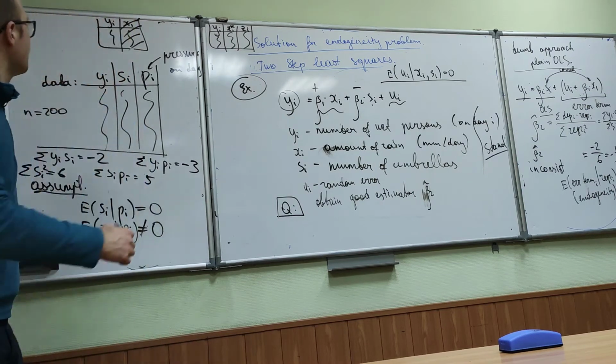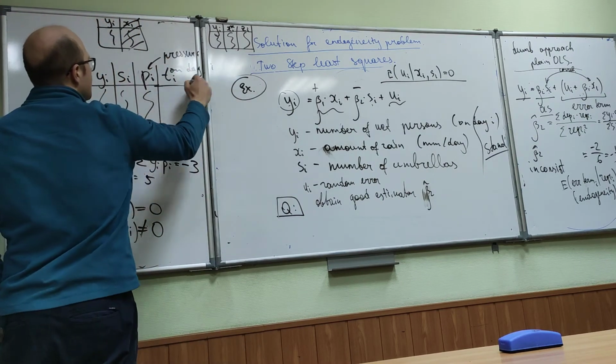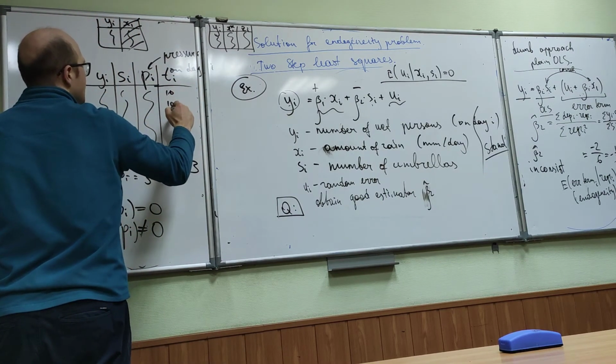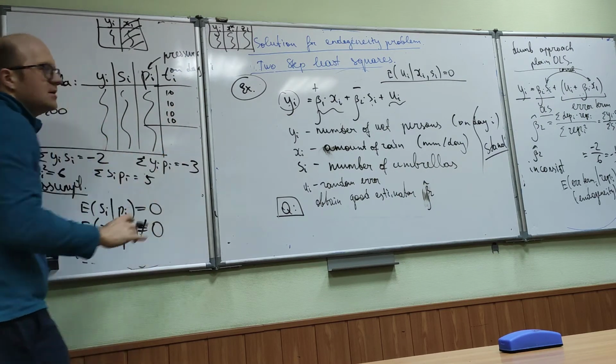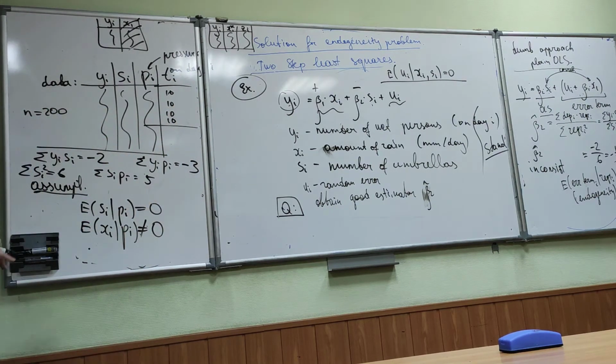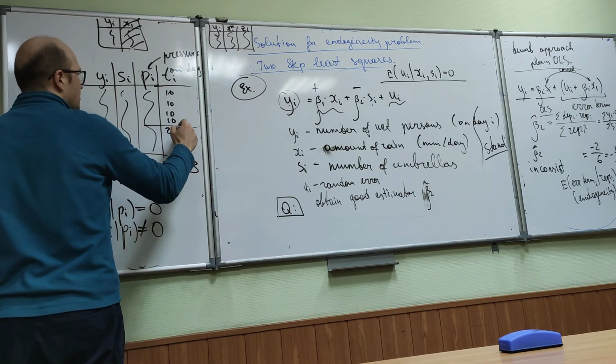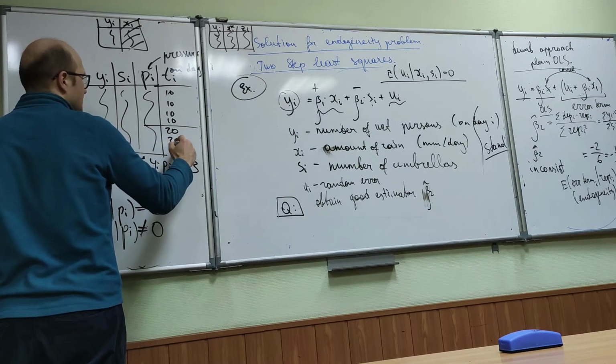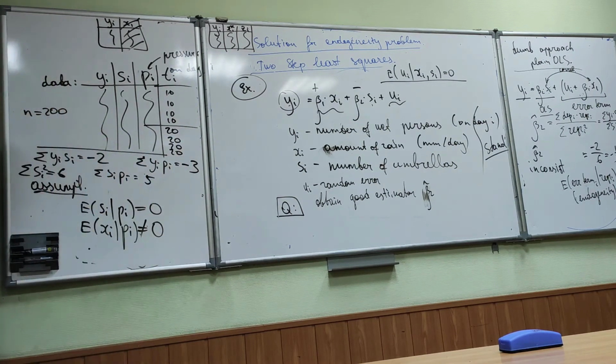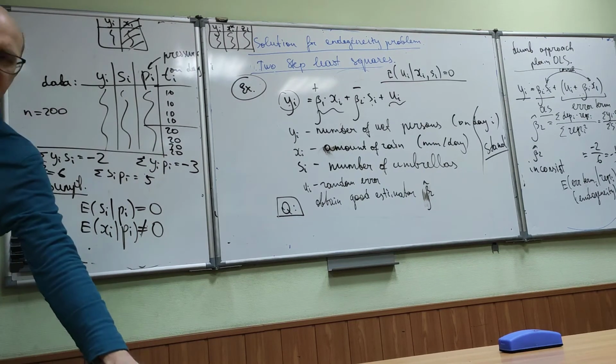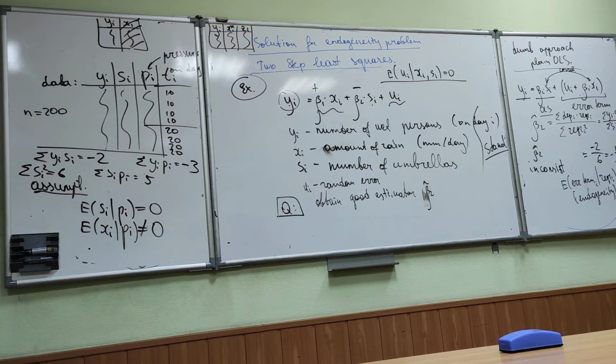Imagine that you have a variable taxes, and taxes were 10, 10, 10, 10, 10. But after some changes, you have big taxes on imported goods. Let's imagine you have sanctions, and these sanctions have nothing to do with weather. But these sanctions influence the number of umbrellas people have.